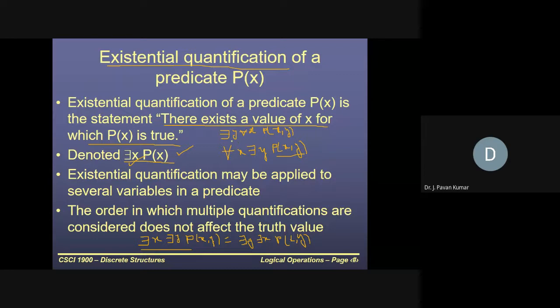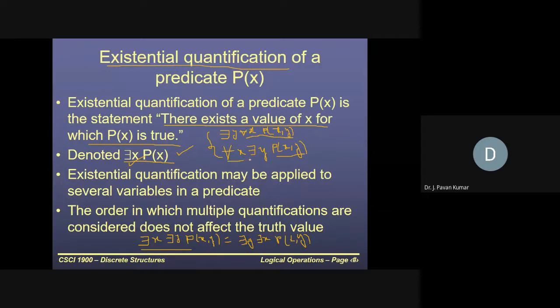Only for some values of y, we can consider any value of x, and p of x comma y is true. Are these two the same or not? This is a question. I'm not expecting the answer.